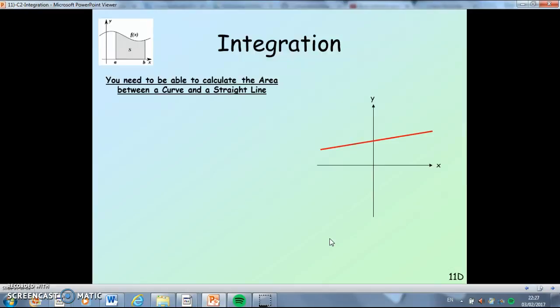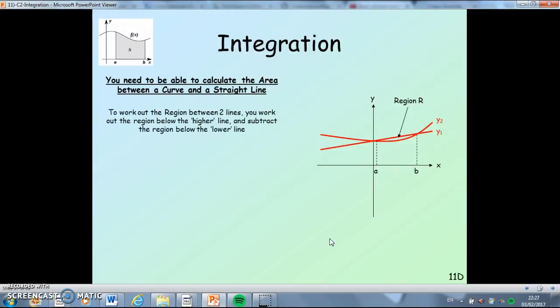So now we need to know and calculate the area between a curve and a straight line. Now this is very important. The way we do this is through the trapezium rule, and you will be given a question on this in your quarter exam.